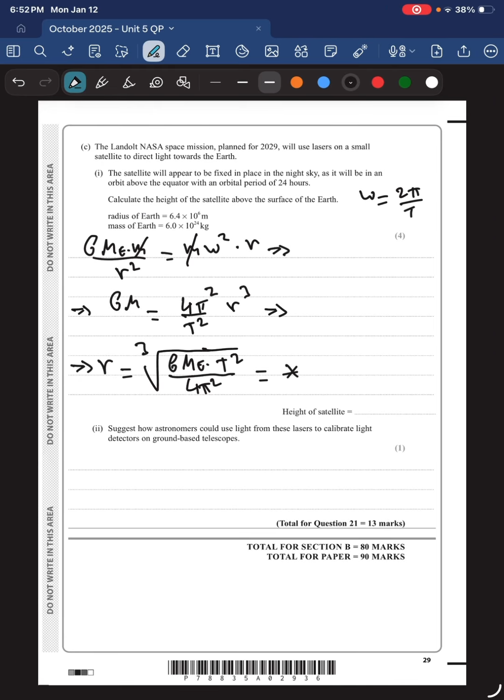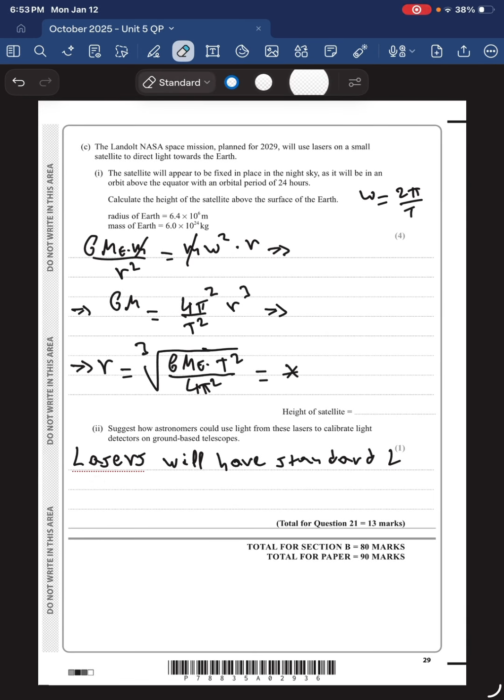And part 2 suggests how astronomers could use light from these lasers to calibrate light detectors on ground-based telescopes. So we can say that lasers will have a standard luminosity, so they will be sort of like standard candles, if that makes any sense. So lasers will have standard luminosity and distance, right? The distance is also known.